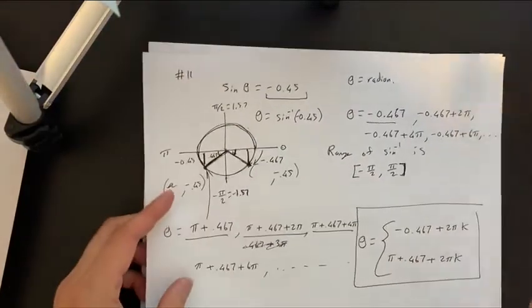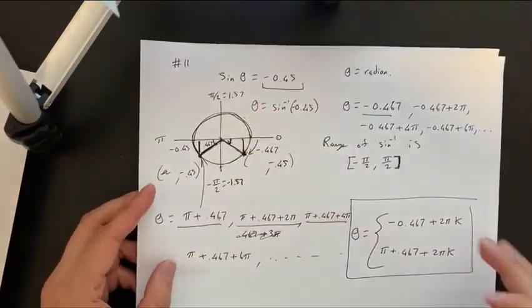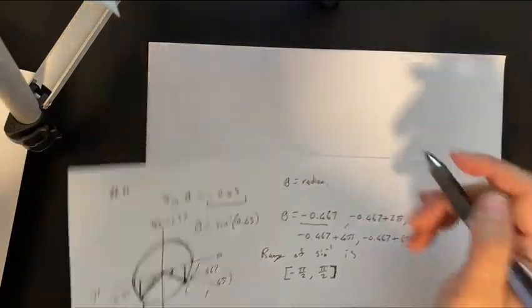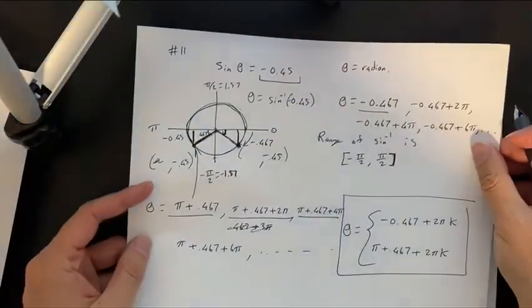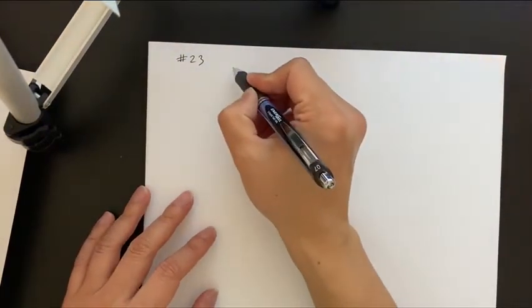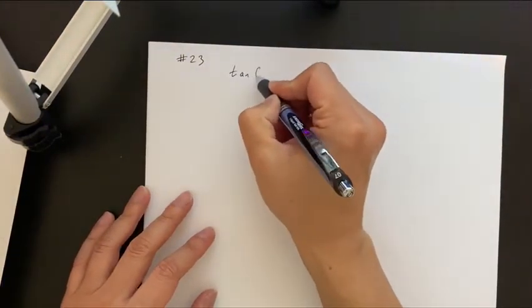Okay, so once you see the solution for number 11, you can probably figure out the solution for the next 2 examples. So 23. For 23, the equation is pretty simple.